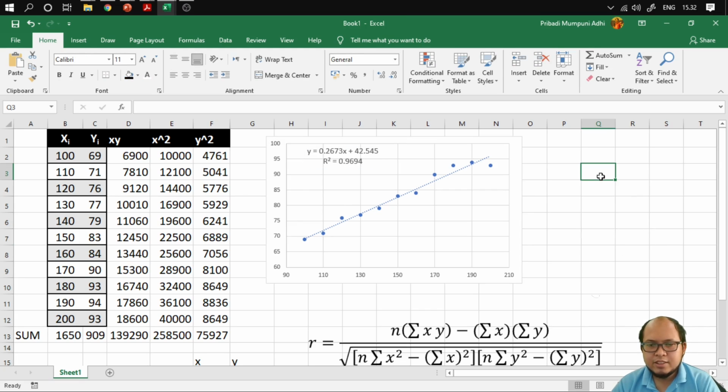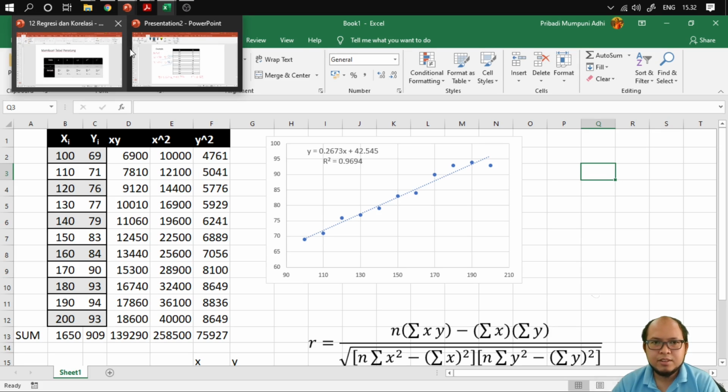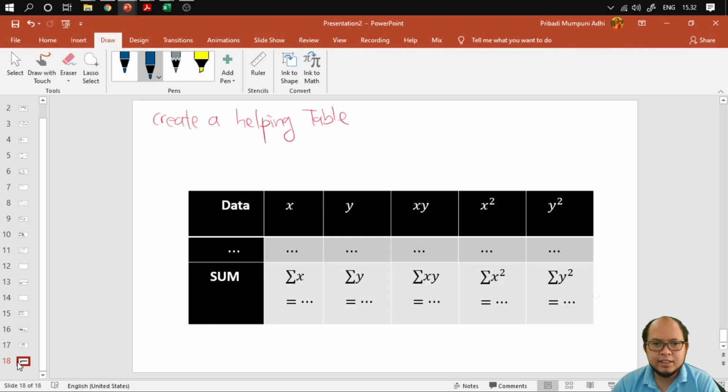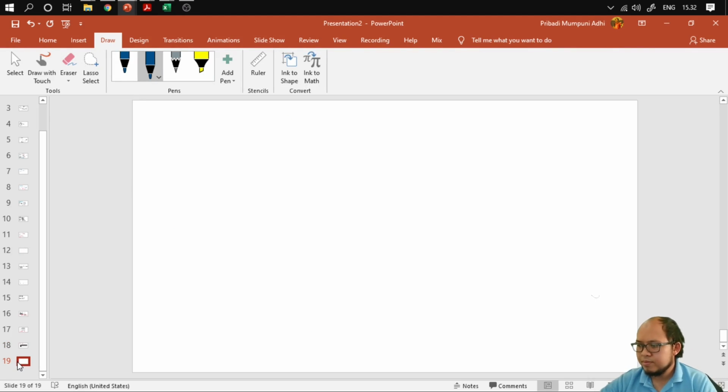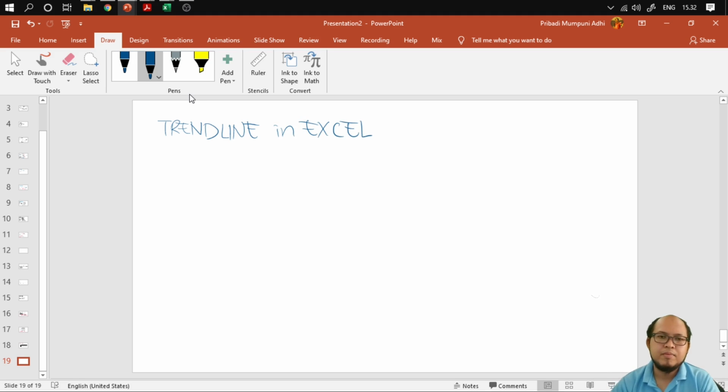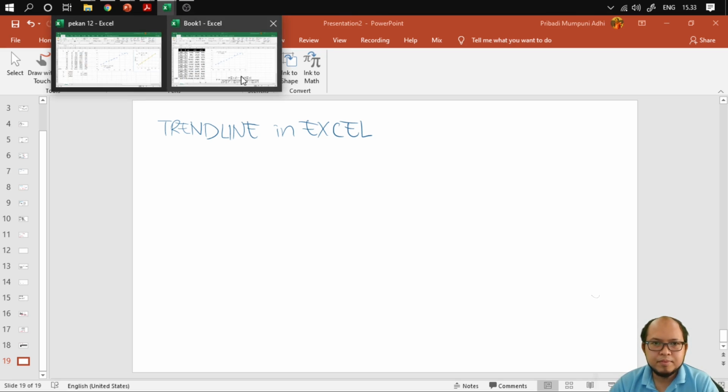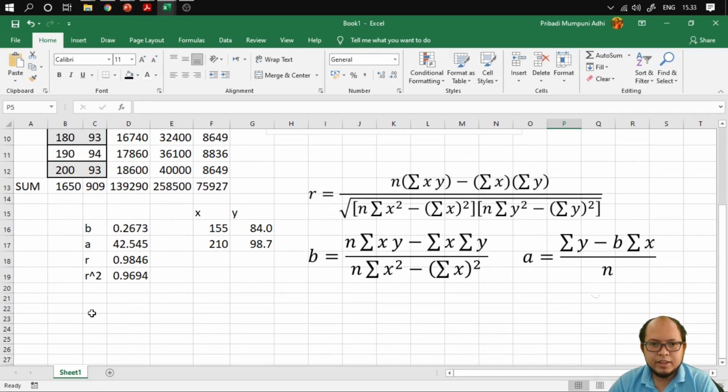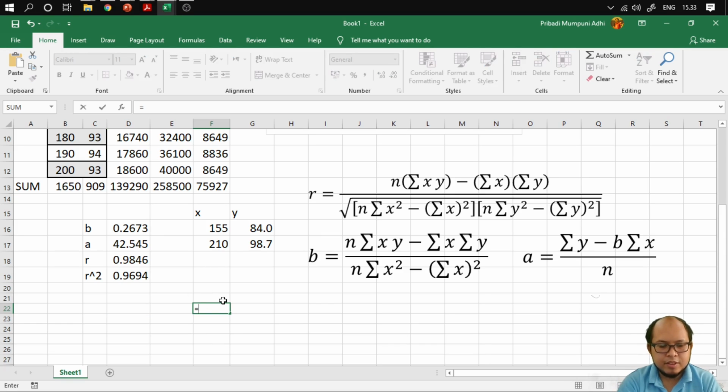Another one is using the trend function. So in Excel, we can use the trend function. How to do it? Okay, for example, here equal to trend.